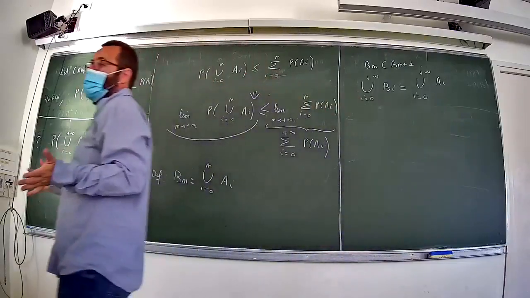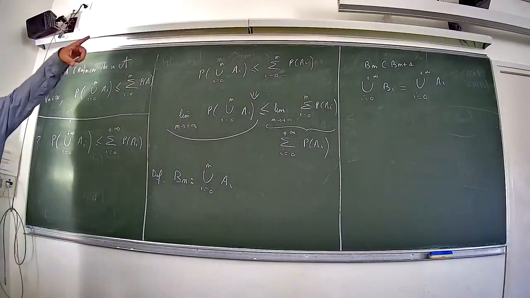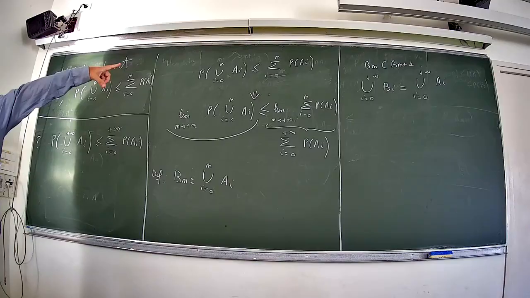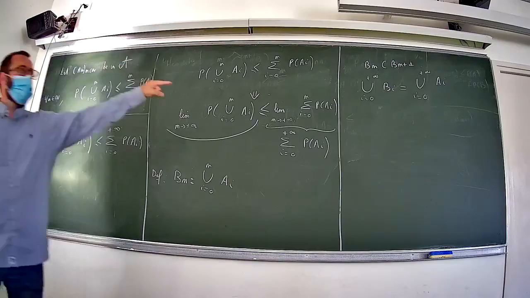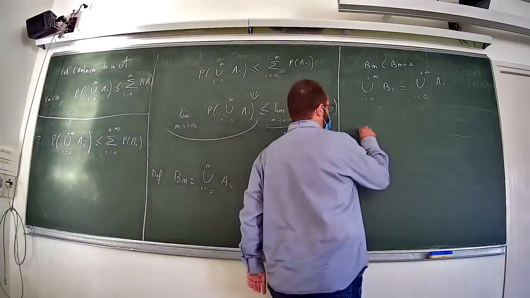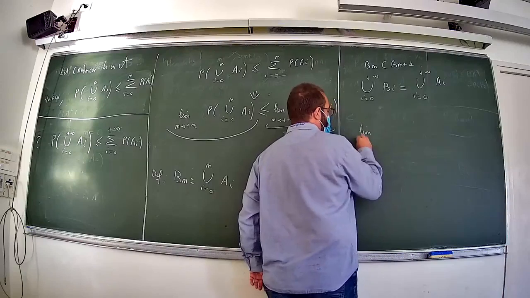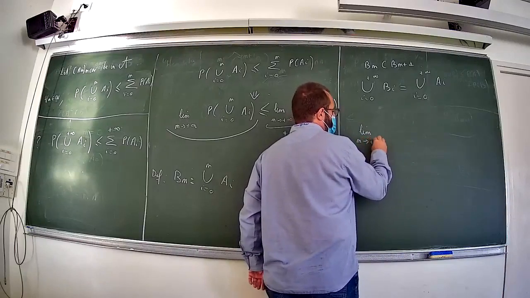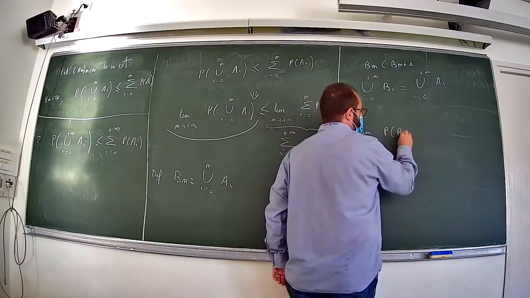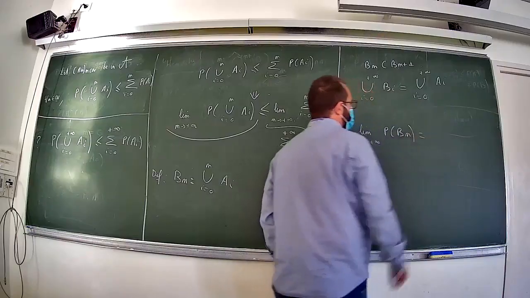And if you see this, in fact it's finished now, because I have the right to use my theorem, since I am in the statement of my theorem. I have something that is increasing, so I know that the limit when n goes to plus infinity of P of Bn is equal to what?